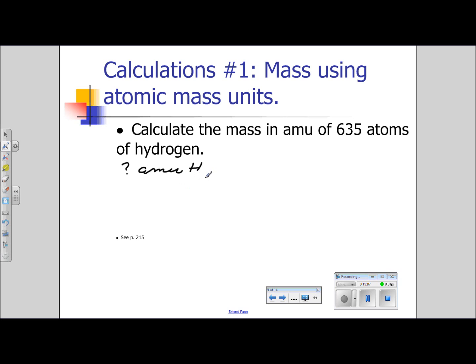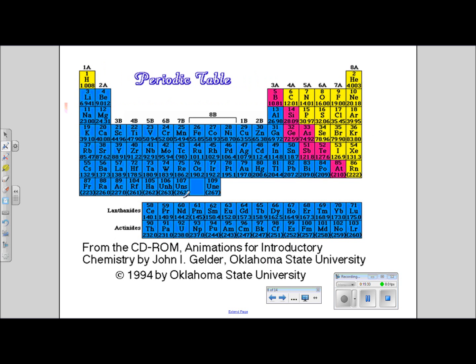We are given 635 atoms of hydrogen. Therefore, we must use the equivalence that we know from the periodic table. So go back for a moment to the periodic table. According to the periodic table, 1.008 is the mass of 1 atom of hydrogen.